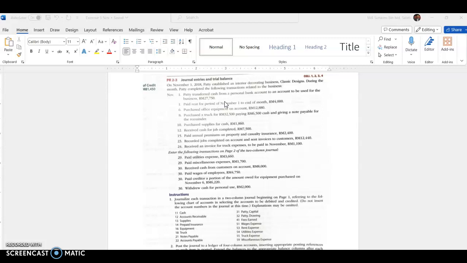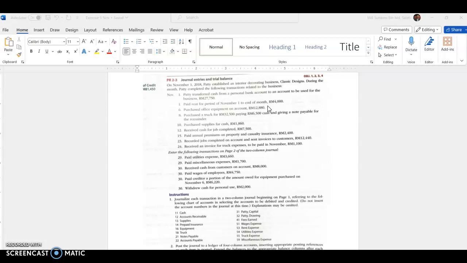Right, second transaction is paid rent for the period of November 1st until the end of the month, and the amount is 4,000 ringgit. For this transaction we have to record the rent payment. It means that the business paid rent amounting 4,000 ringgit.